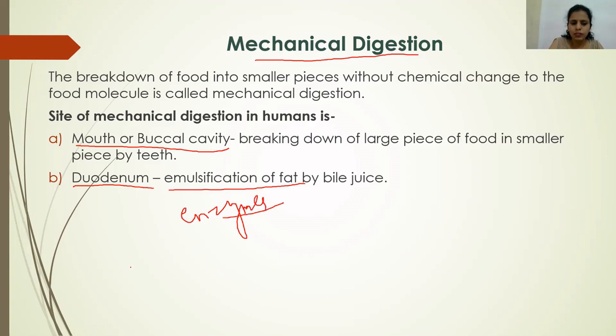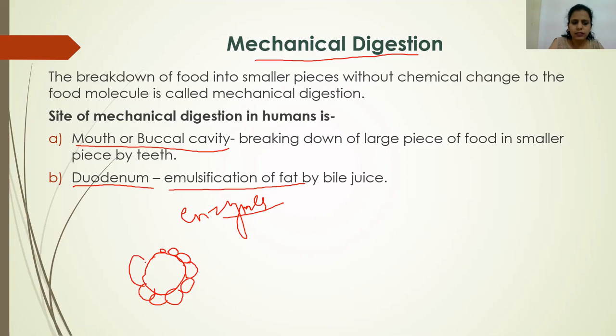Now just look at the diagram which I'm making on the screen. For example, you have a big piece of food. On this piece of food, maybe around 10 to 15 enzymes surround this particular piece of food and start digesting it.